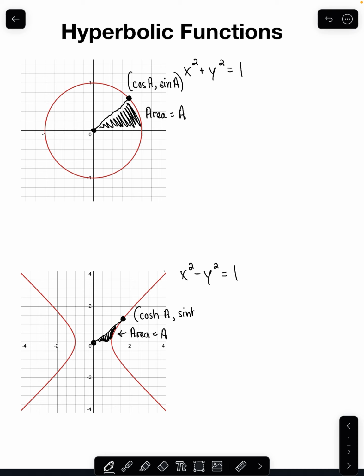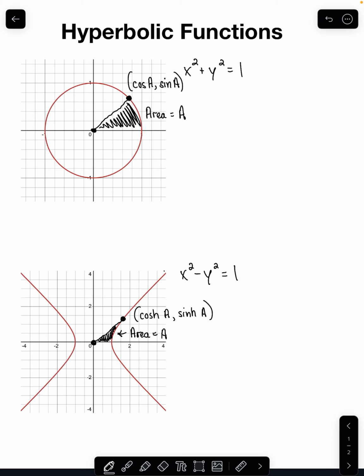And likewise, the y-coordinate will be sinh, or hyperbolic sine of a. At this point, it probably would be helpful to refer to the trigonometric functions as the trigonometric cosine or the trigonometric sine, to differentiate them from the hyperbolic cosine and the hyperbolic sine.